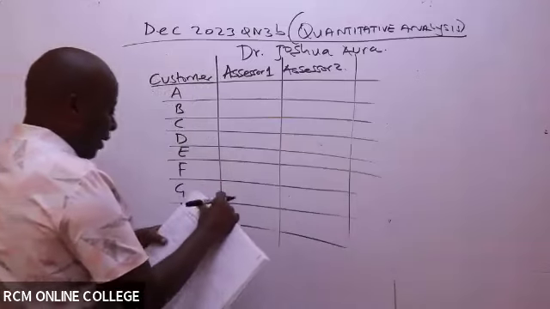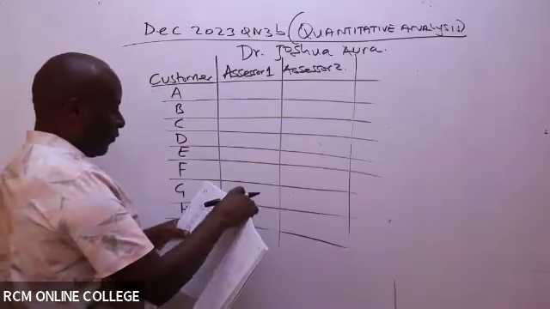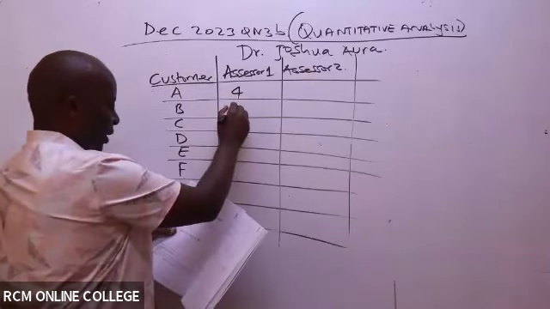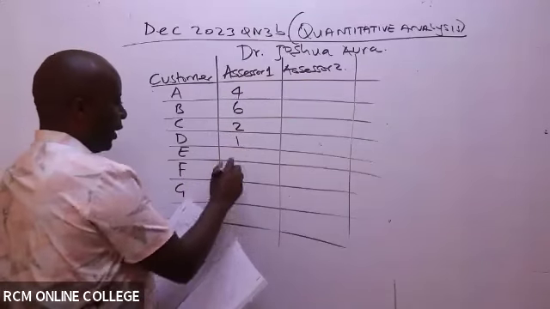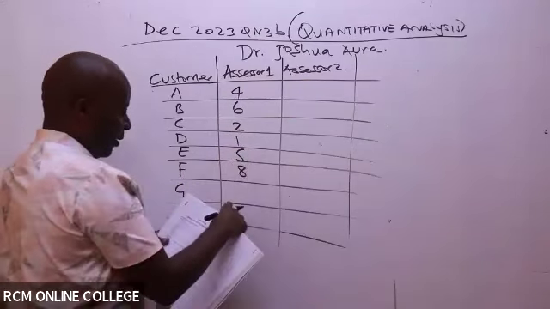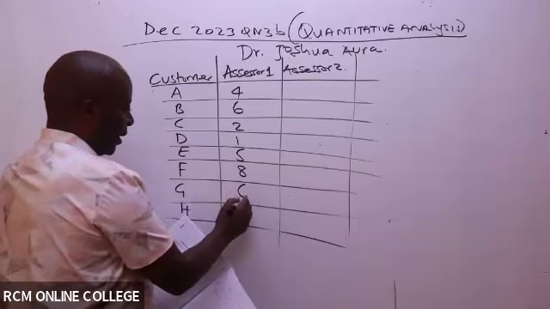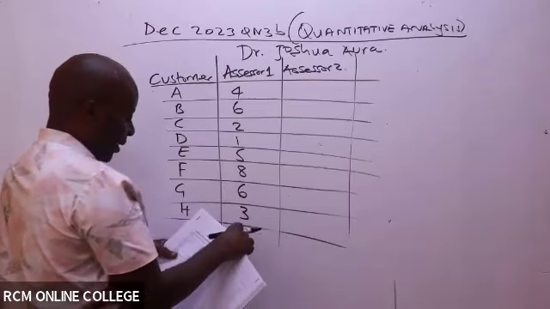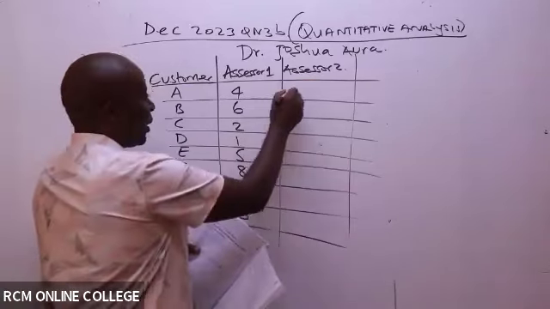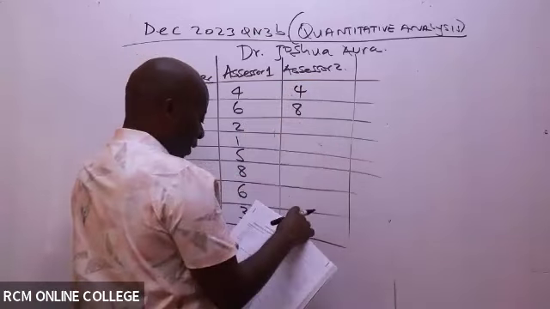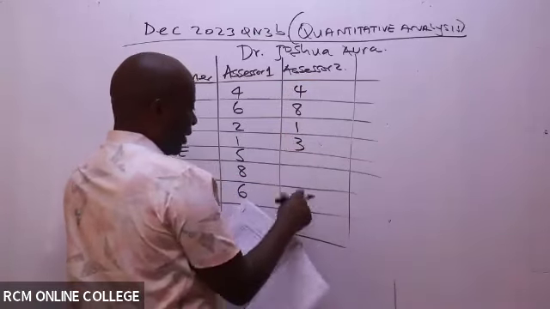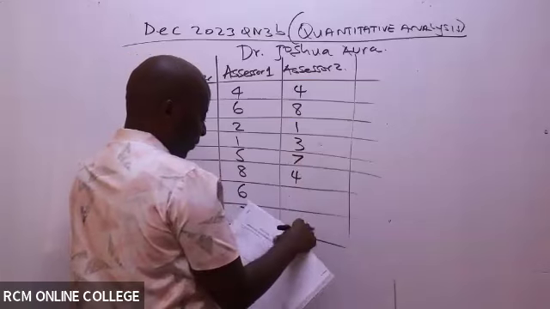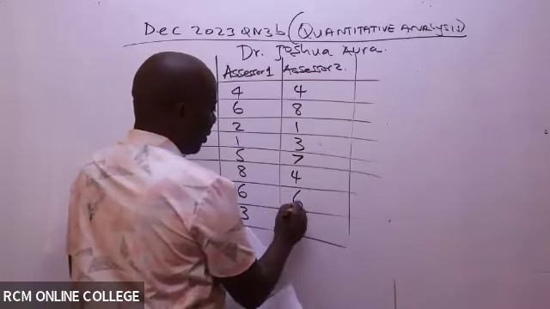Assessor 1 gave them these rankings. You can see there, 4 was given to A, 6, 2, 1, 5, 8, 5, 8, 6, 3, like that. And then assessor 2 is 4, 8, 4, 8, 1, 3, 1, 3, 7, 4, 6, 2, like that.